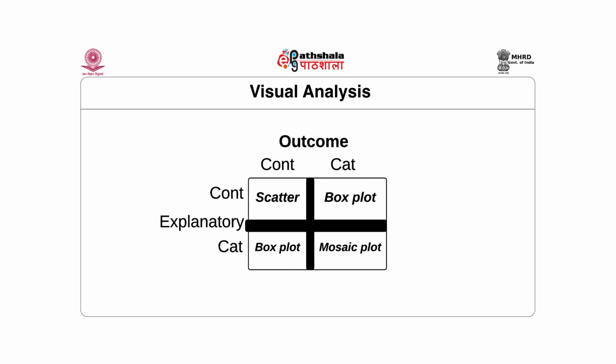On the other hand, if your outcome variable is a categorical variable and your explanatory variable is a continuous variable, then it is pragmatic that you construct what is known as a box plot. In a box plot, you get to see the median values, you get to see the interquartile range, the extent to which there are outliers, the maximum and the minimum, the range of the values, and you can see them visually side by side.